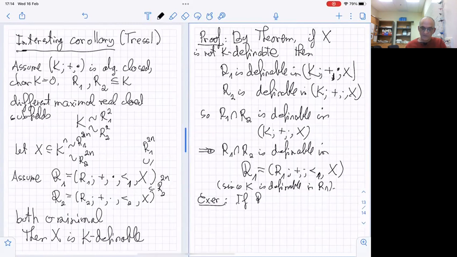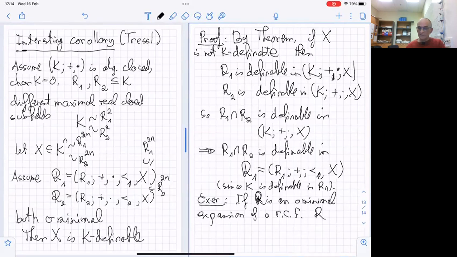If R is an O-minimal expansion of a real closed field R, it's curly R, then R has no proper definable subfield.